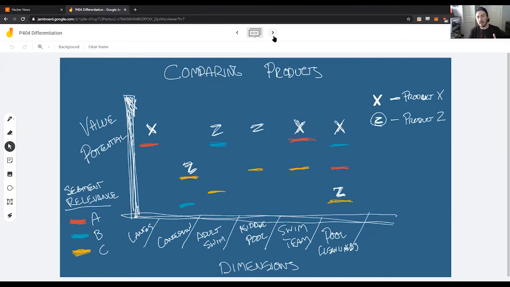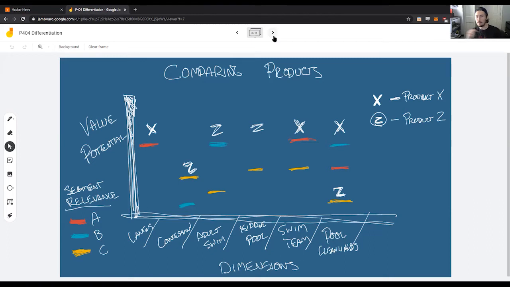And if we look at this, what we'll start to see is the competitive swimmers have an obvious solution for them. What's going to be obvious is swimming pool X. For the families, that user group C, it's obvious for them. They're going to go to product Z, swimming pool Z.